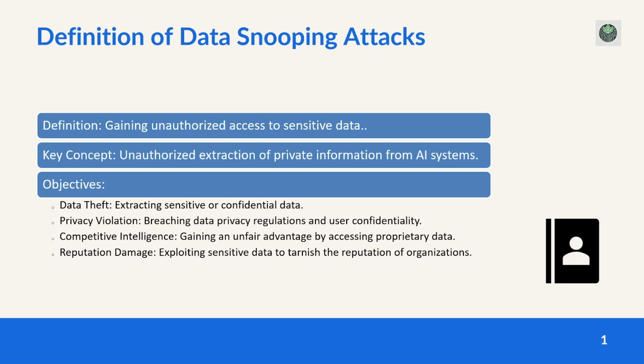The main goal of these attacks can vary, ranging from stealing valuable information to gaining an advantage over competitors, or even causing harm to a company's reputation. Whether it's financial records, customer data, or confidential business plans, snooping attacks aim to exploit access points to obtain and misuse this information.